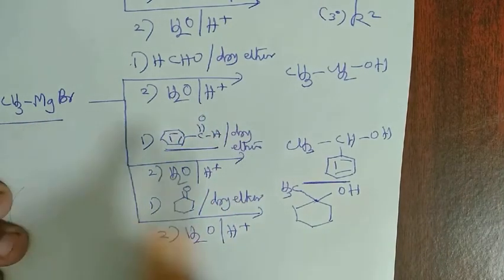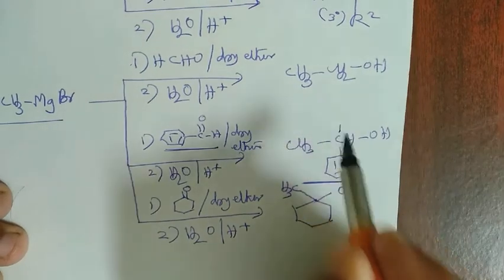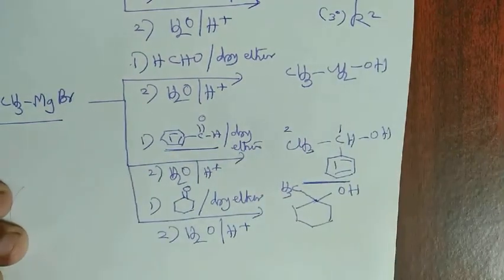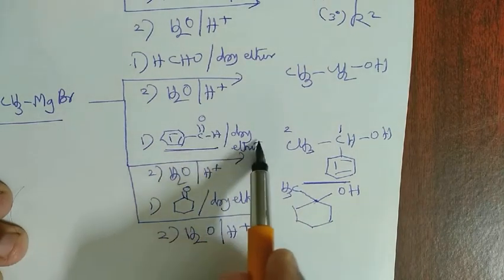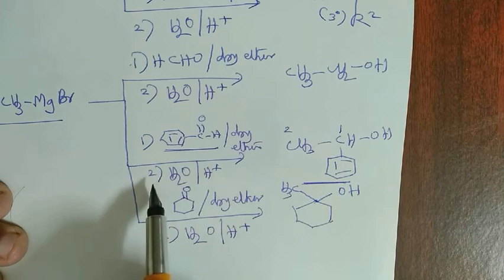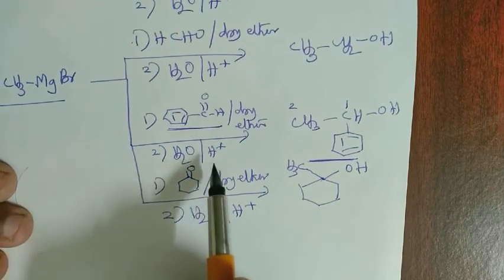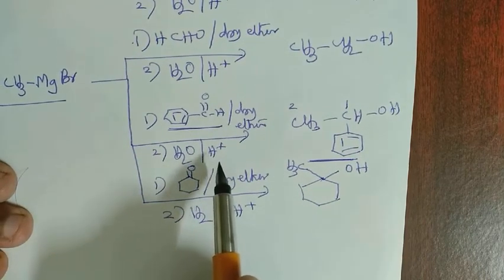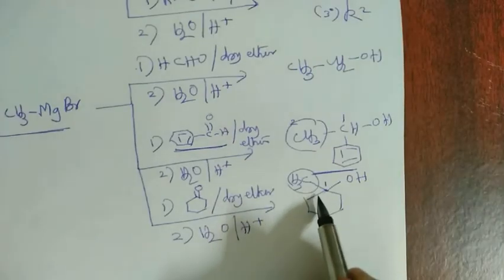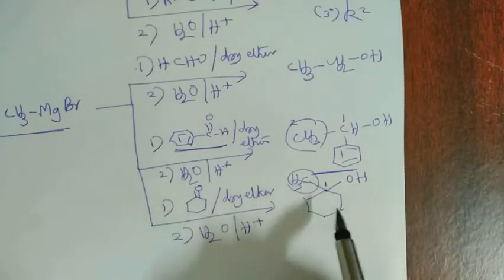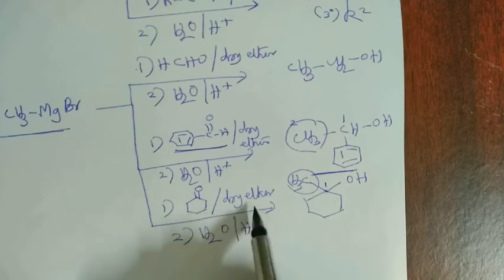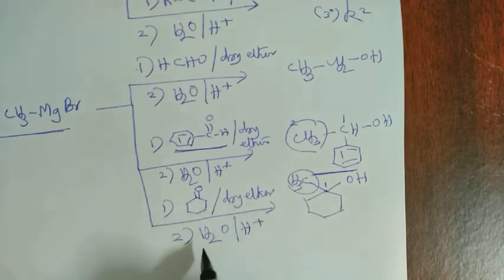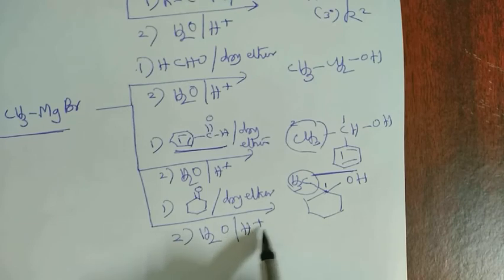Methyl magnesium bromide can be converted into 1-phenyl ethanol by reacting with benzaldehyde in a dry ether medium followed by hydrolysis in acid medium. 1-methyl cyclohexanol can be prepared from methyl magnesium bromide by reacting with cyclohexanone in a dry ether medium followed by hydrolysis in acid medium.